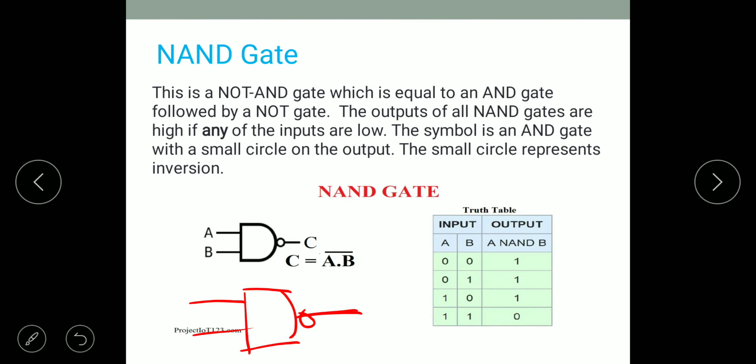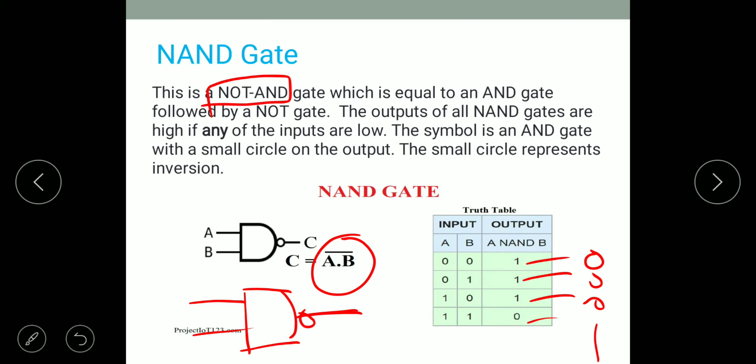If we see the NAND output, that is 1 1 1 and 0, and for the AND gate it shows 0 0 0 1, because the definition says it is not AND, that is A dot B whole bar. So what is A dot B? 0 dot 0 is 0, but the bar shows inversion, so not 0 is 1.